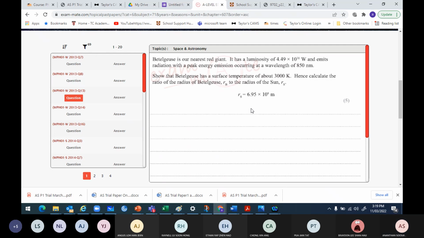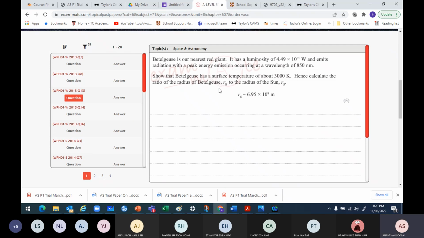So first of all, let's assume the radius of the sun is provided. So RS is given. So find the RB, then you ratio, you get the answer. So how do you get RB? What formula? Anybody? What formula?